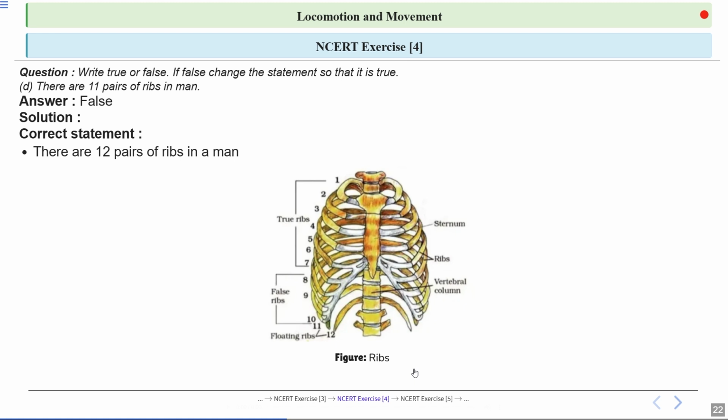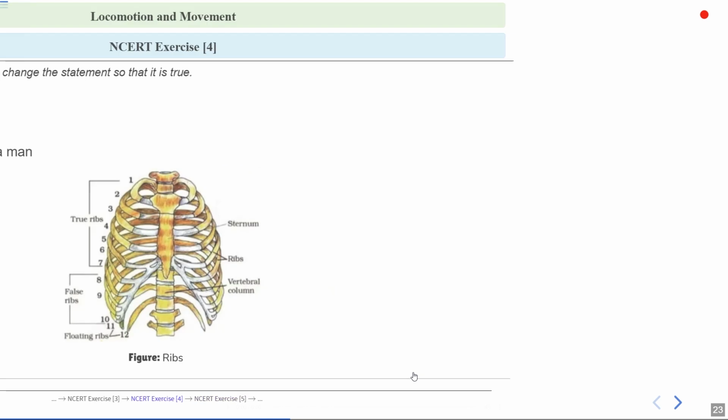So there are true ribs, that is 1 to 7 are true ribs, 8 to 10 are false ribs, and 11 to 12 are floating ribs. And in the center you can see sternum, and at the back we have vertebral column. So this statement was false.